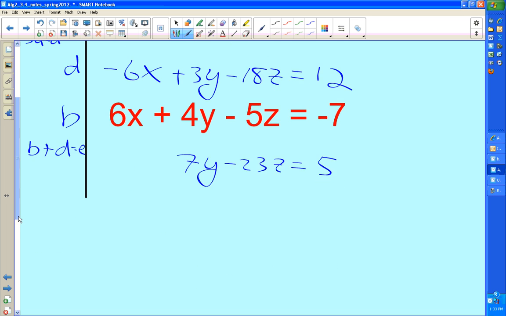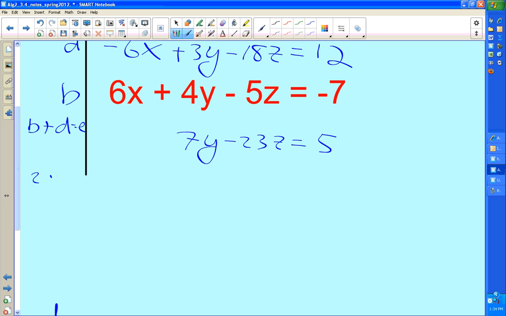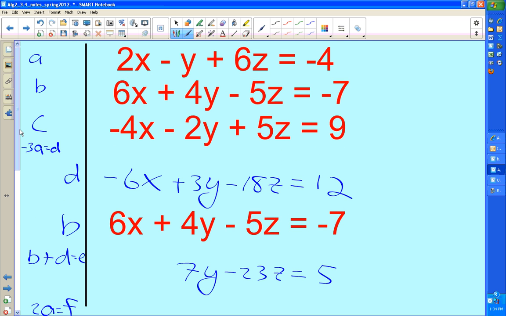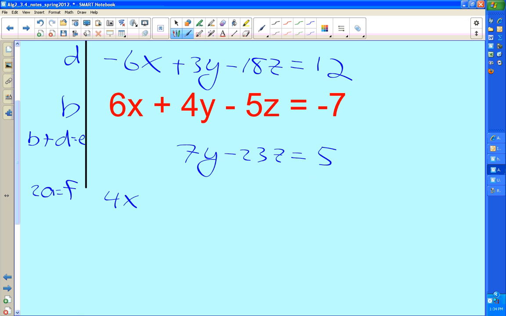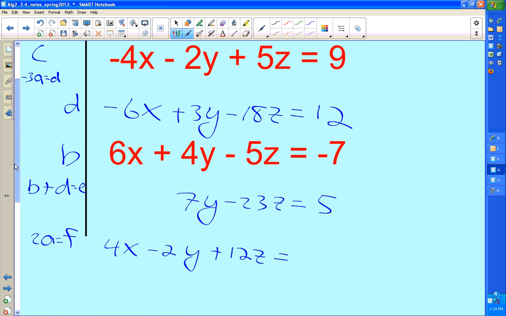So we're going to do 2 times equation A, and I'm going to call that F, and that's going to give me 4x minus 2y plus 12z is going to equal -8.